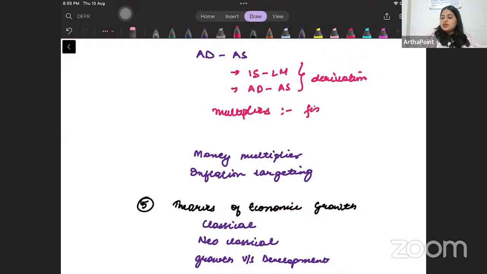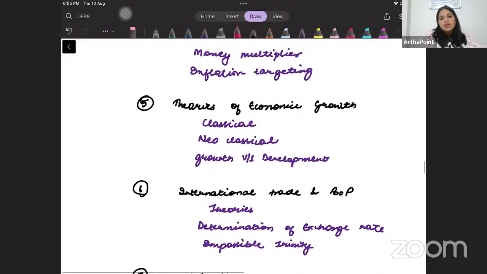So what is the fiscal policy multiplier? What is the monetary policy multiplier? You should know this also, okay? Then beta you have money multiplier, and finally you have inflation targeting.